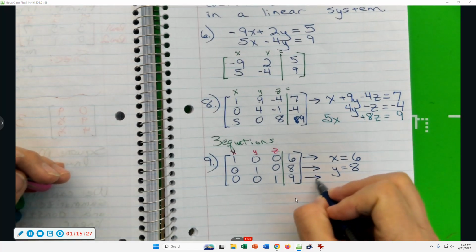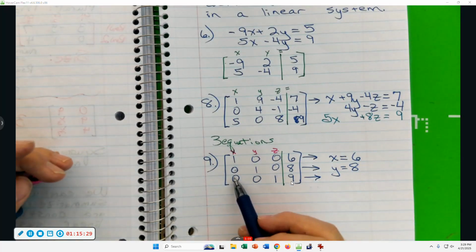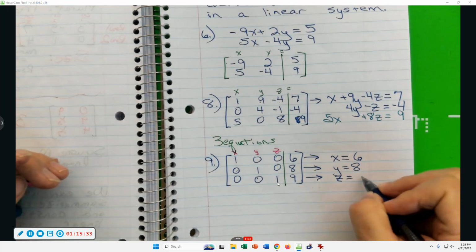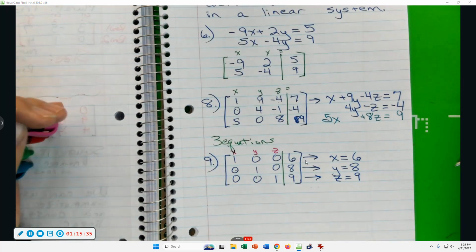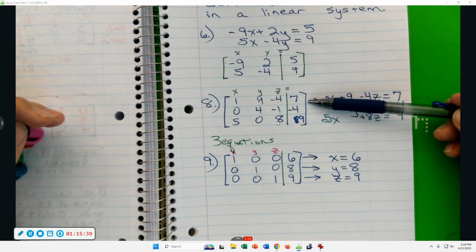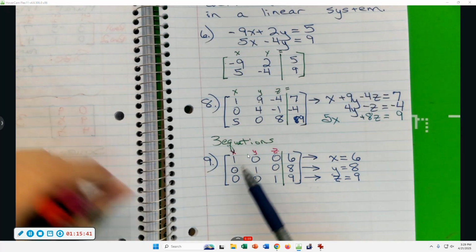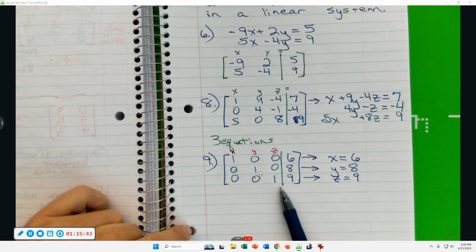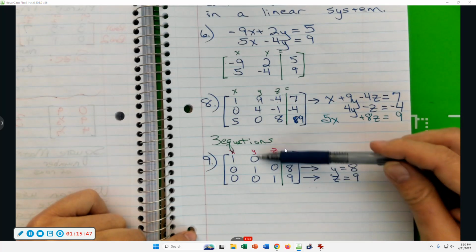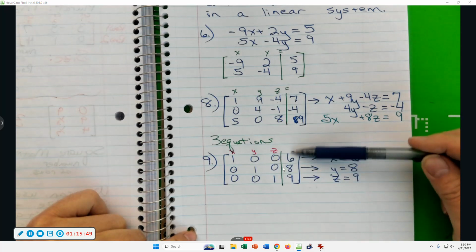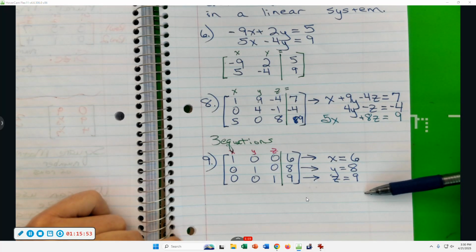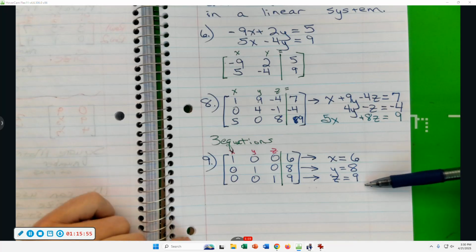And the third row, we have 0x plus 0y plus 1z equals 9. If we could take the matrix that looks like this and get it with these ones down the diagonal, these numbers over here and zeros above and below, these numbers on the right-hand side are the solution to this system if there's a unique solution.